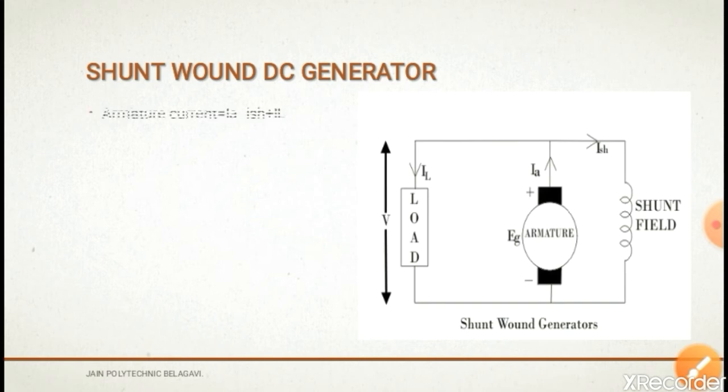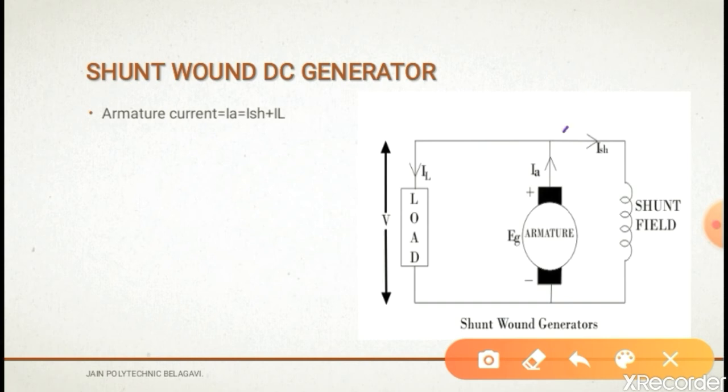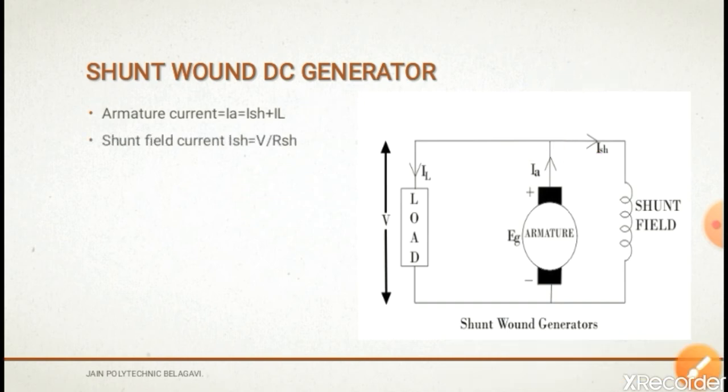So the armature current Ia is given as IL plus ISH. At this point you can apply KCL and we will get the armature current as ISH plus IL. The next one is the shunt field current.